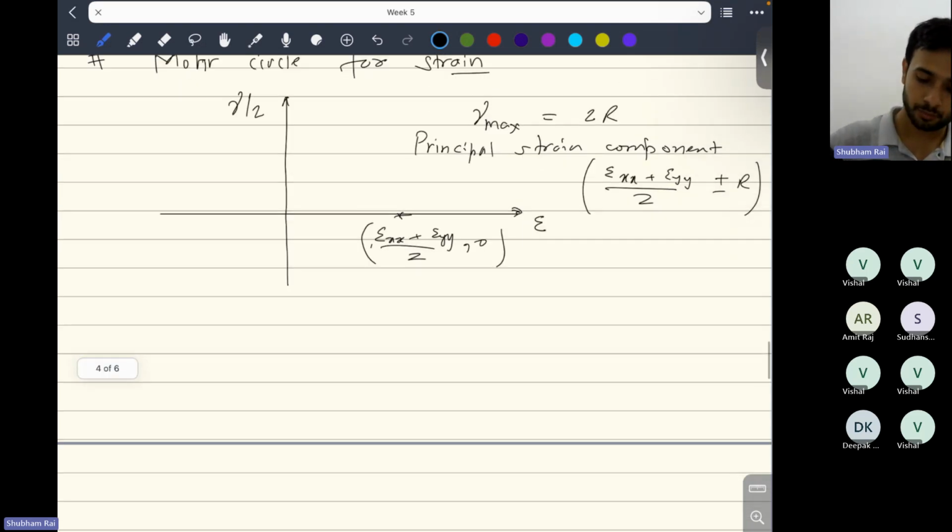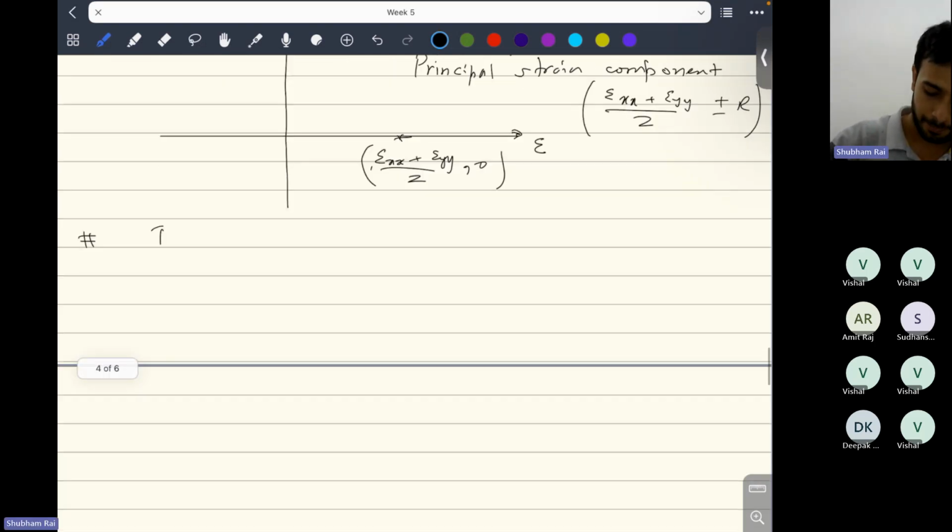Similarly, you can decompose your strain tensor into a volumetric strain tensor and a deviatoric strain tensor. The volumetric strain tensor is responsible for changing the volume of your element, and the deviatoric strain tensor is responsible for changing the shape of the element, right?